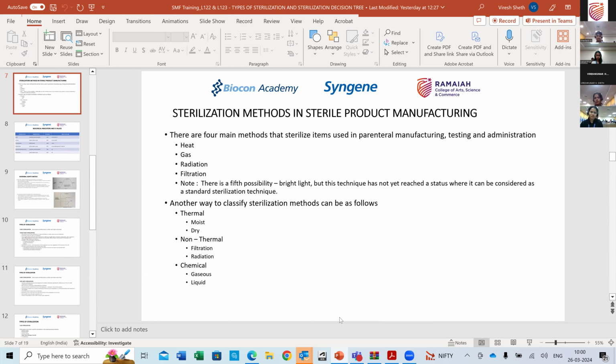Knowing these principles, why we use a technique and in what situations we use different techniques is important, because when we talk about the sterilization decision tree, this will become very, very important. So if there are any questions, please ask.